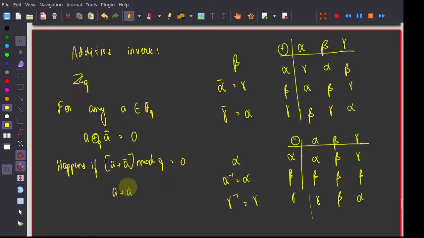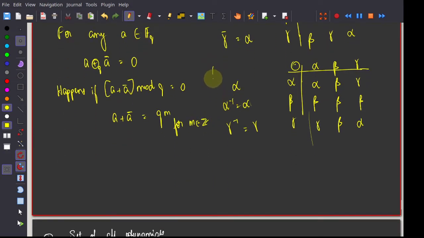Correct. So it is Q times some M for some integer M. Right? Okay, so now can you guess?